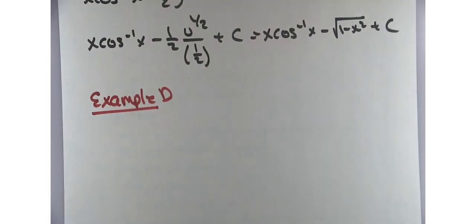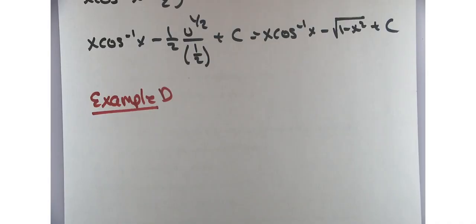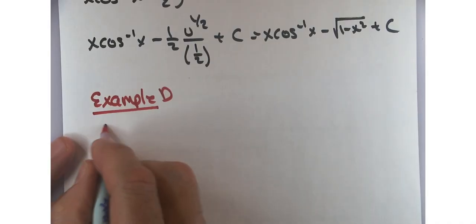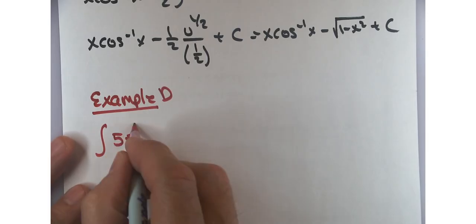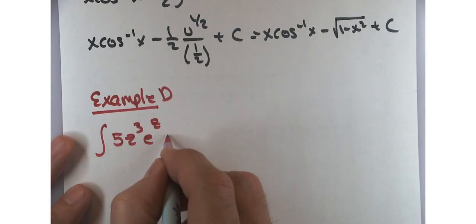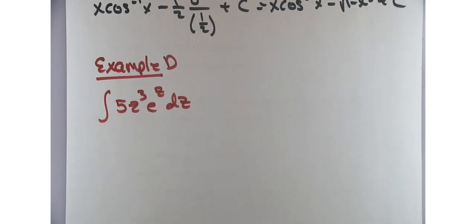So let's take a look at example D. The integral of 5z cubed e to the z dz. All right.